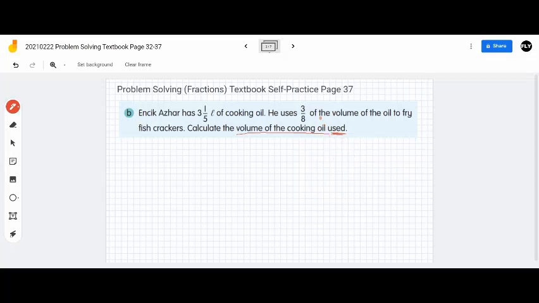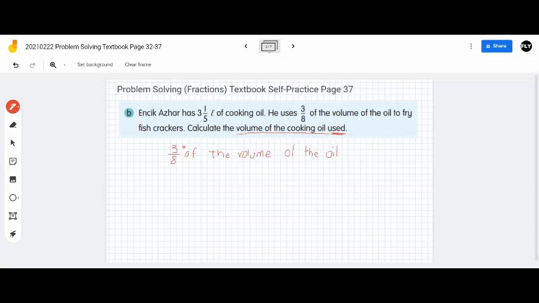So how to find the used cooking oil? You look at it, Encik Azhar has 3 1/5 liter of cooking oil. He uses, it means that he uses 3/8 of the volume of the oil.